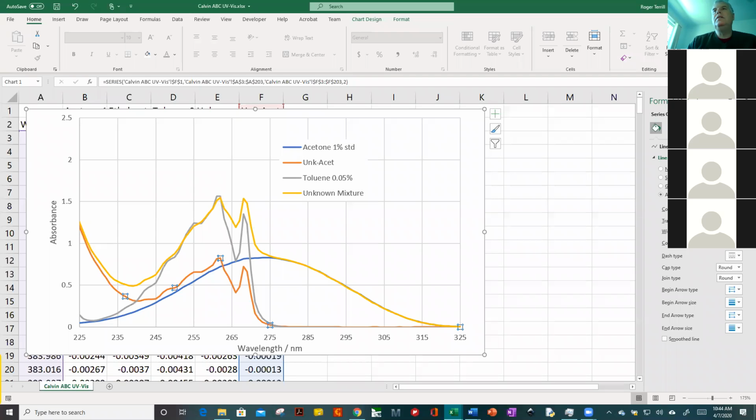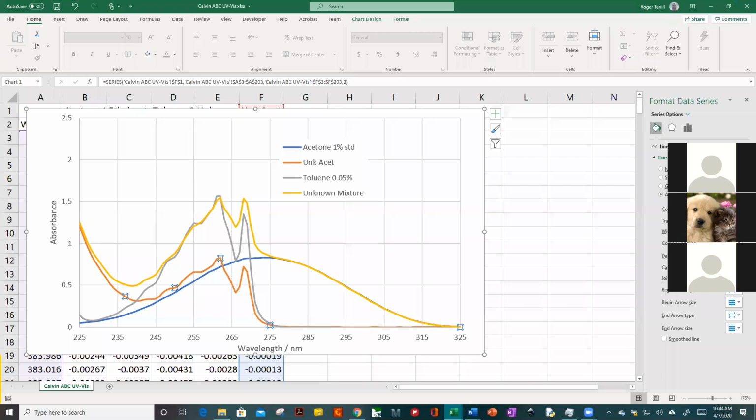Sue? What is the concentration of toluene in the unknown here? Sorry, here's the unknown, right? What is the concentration of toluene in that unknown, say relative to this standard?